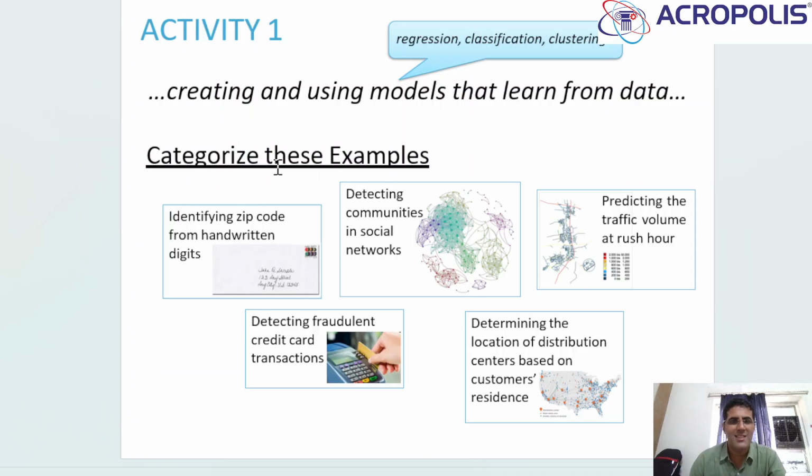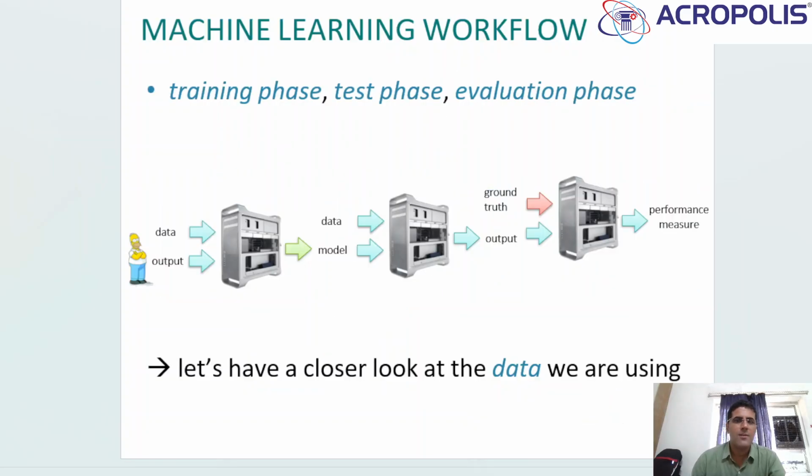So this is one of the activities that we have already gone through. We are going to summarize this, categorizing these examples based on regression, classification, and clustering. Machine learning workflow basically divides into three tasks: training phase, test phase, and evaluation phase, right? First we have the data and output. We feed this to the machine. This machine will create a model, because this model is going to train itself on the data that is provided by us.